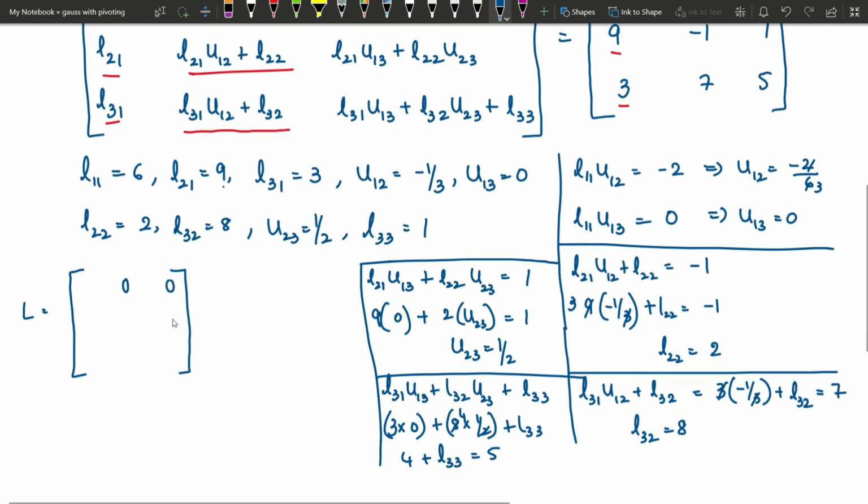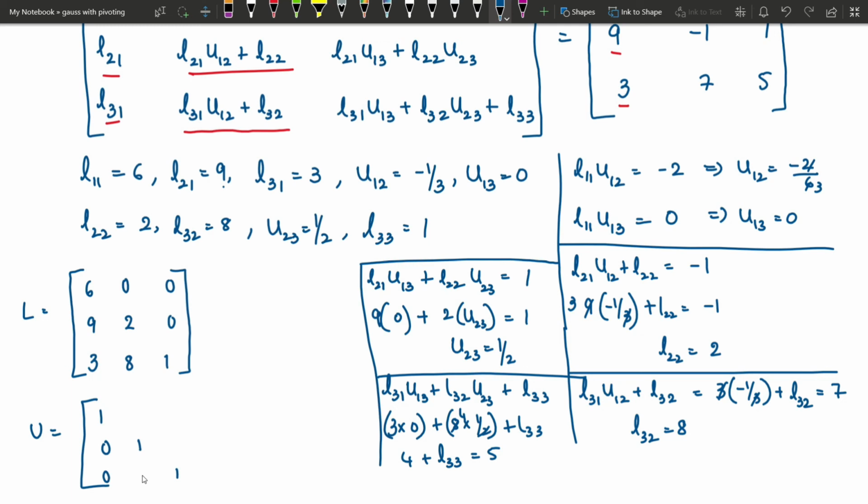Now we will write the matrices. So what is the L matrix? We have taken Doolittle decomposition. These three elements are 0. What is L11? 6. L21 is 9. L22 is 2. Next L31 we have to write here. L32 is written here and L33 is written here.